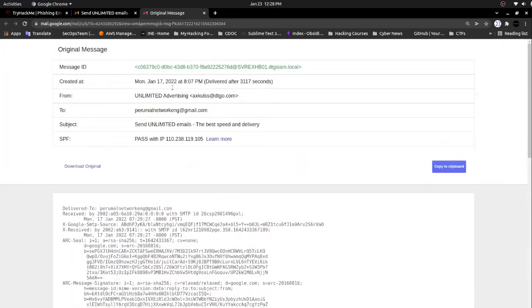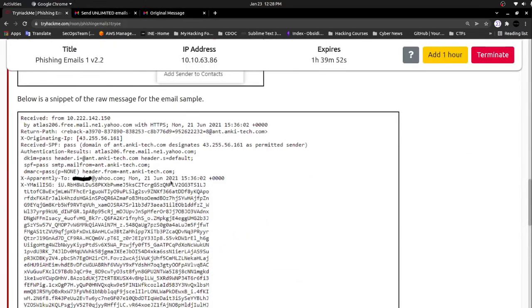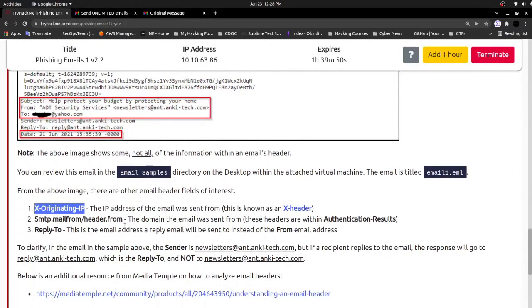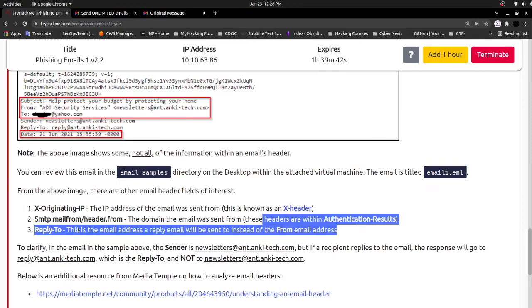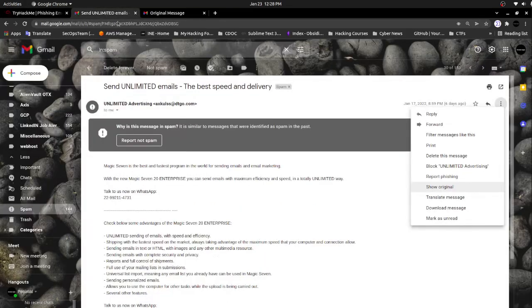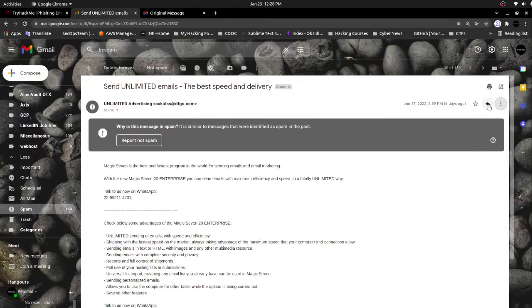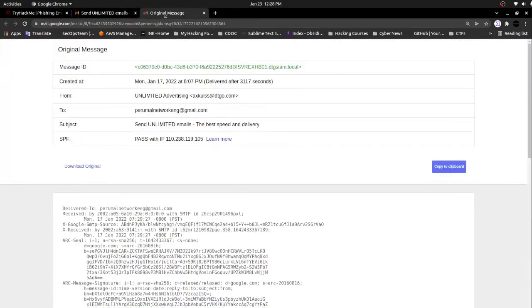But I am going to explain the header analysis with my personal email, the spam I received. From the above image, there are other email header fields of interest, like X-Originating-IP. If I scroll up, I should see a parameter called X-Originating-IP. This is the public IP from where the email originated.